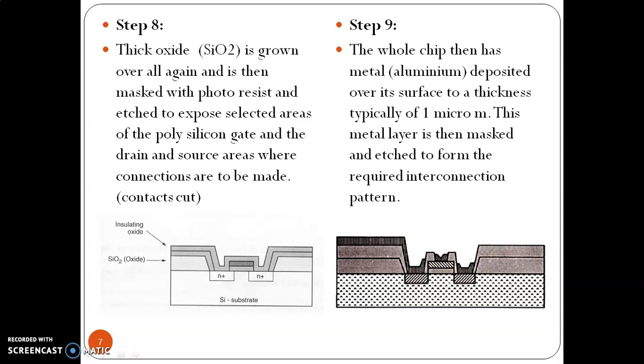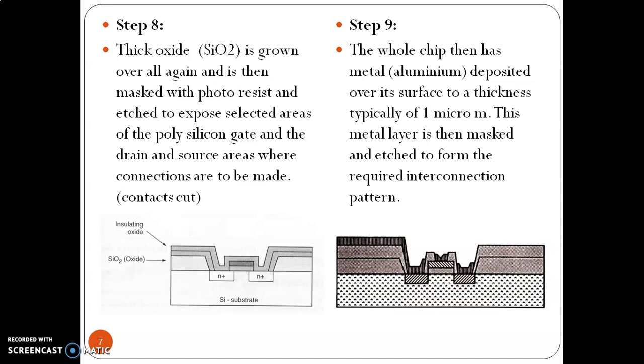Above this, again a thick oxide is put up to form the contact cuts. Where the contact cuts are to be made, those areas are exposed, the oxide is removed from these areas, and the other areas are protected by hardening them.